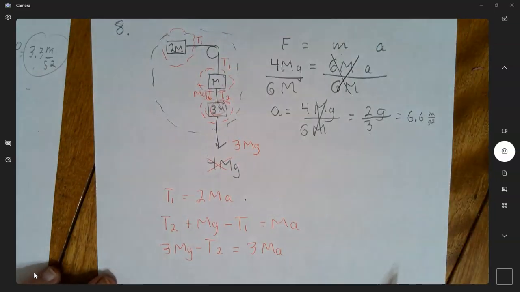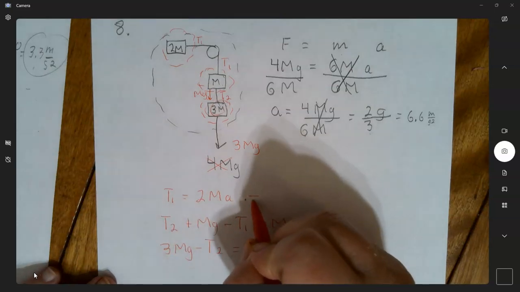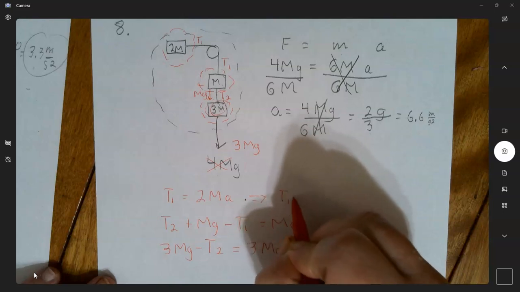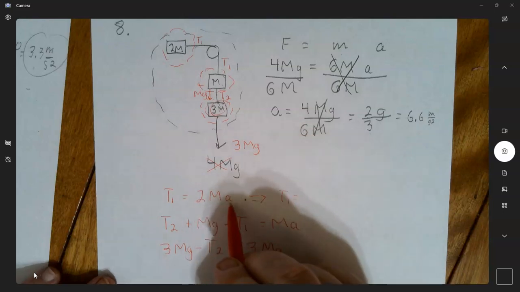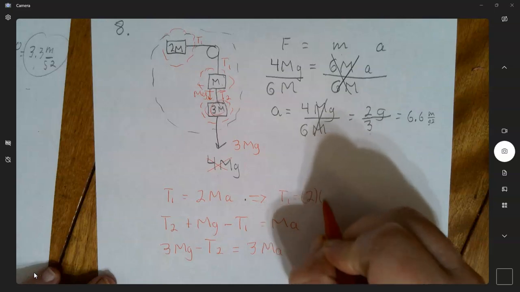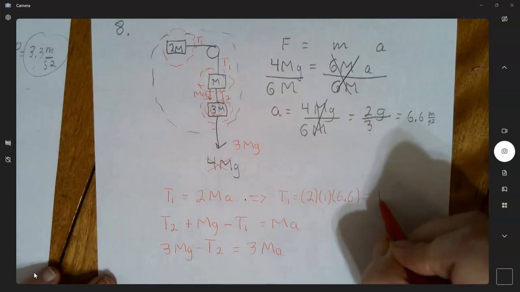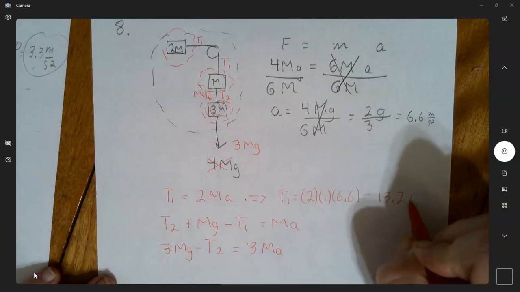Okay, so to find T1, the easiest is just to use this formula here. So that's going to be T1 equals 2 times 1 times our acceleration of 6.6, and that's going to equal 13.2 newtons.